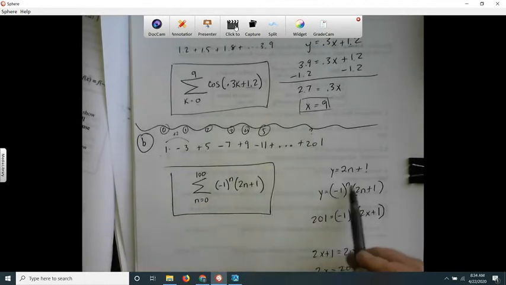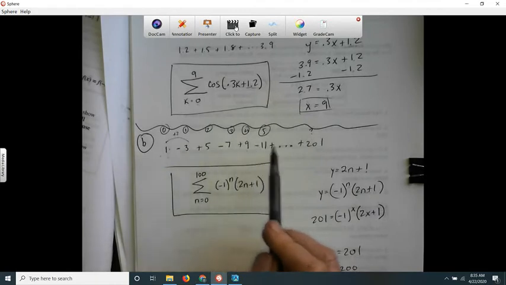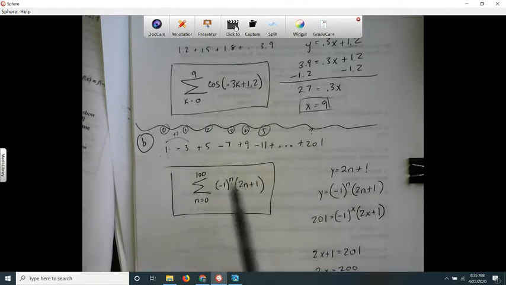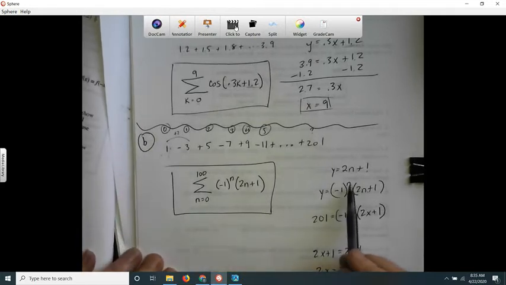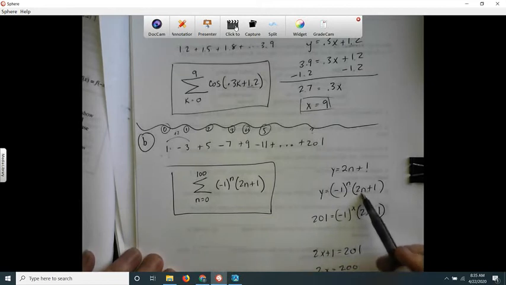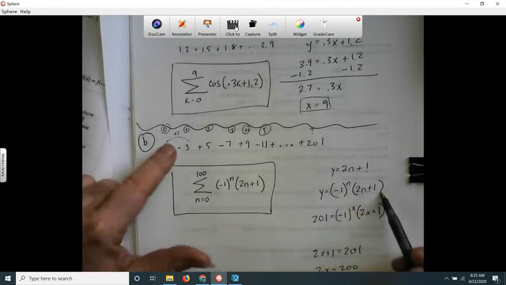If you multiply that by just the number part, for the 0th term, -1 to the 0 is 1, and then 2 times 0 is 0 plus 1, it gives me my 1.